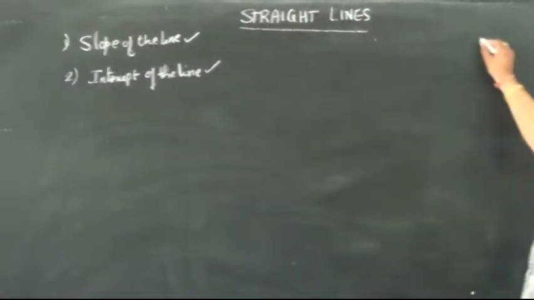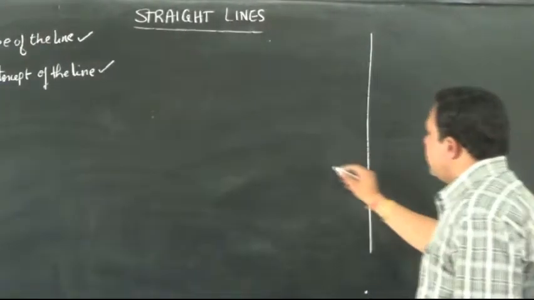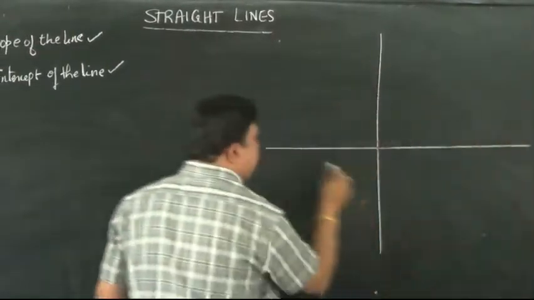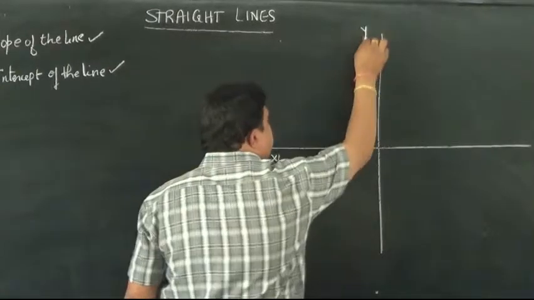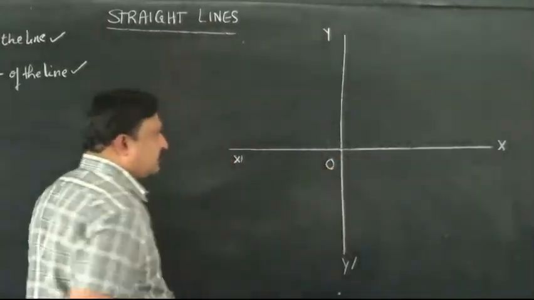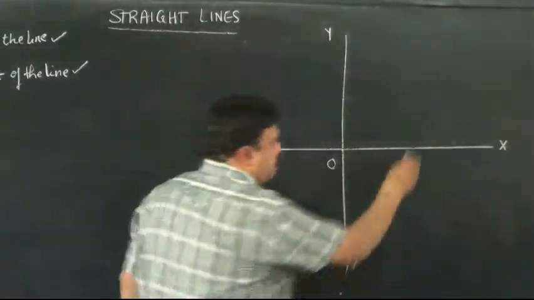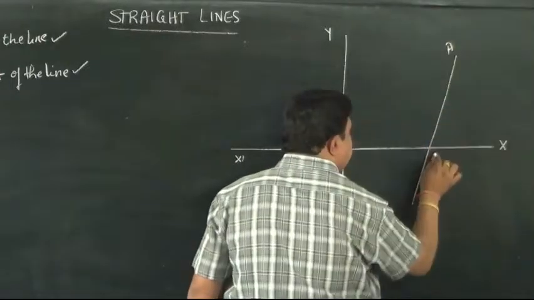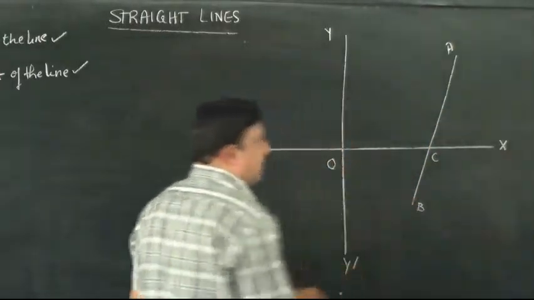Okay. To understand the slope of the line, let's consider a coordinate system having the x-axis, the y-axis, and the origin. In the coordinate system, consider a straight line. Say A, C, B is a straight line.